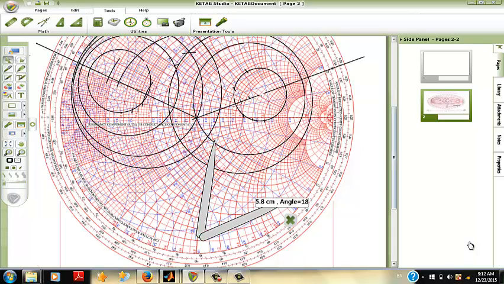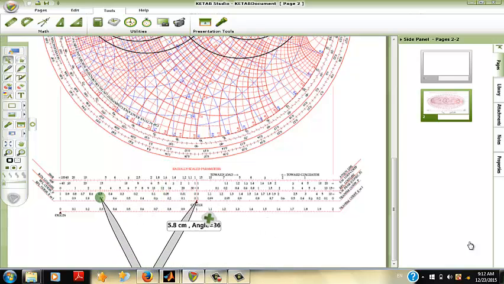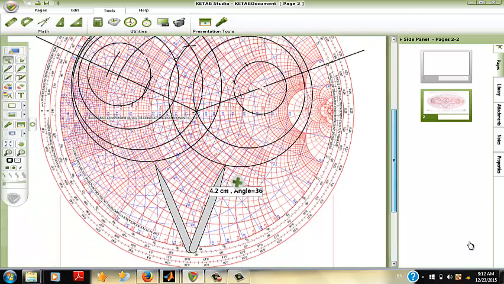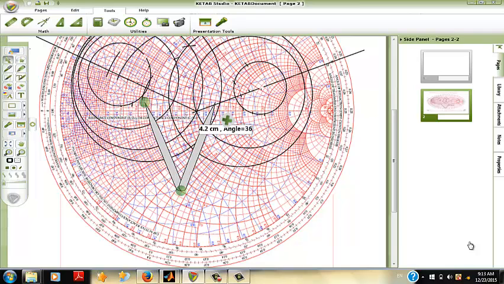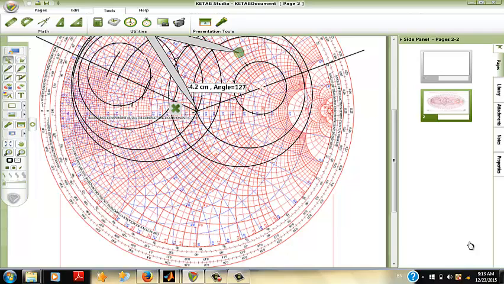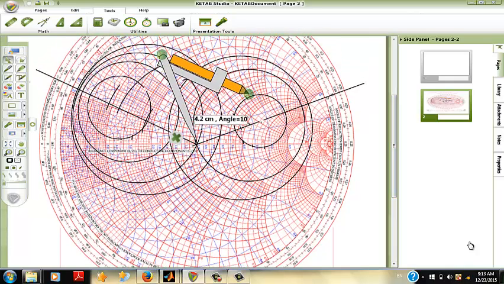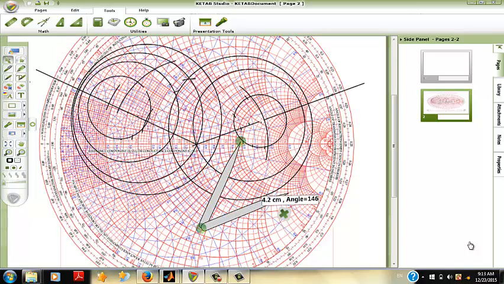Now for the load, with the center 0.509 and 20 degree phase, with the radius almost 0.